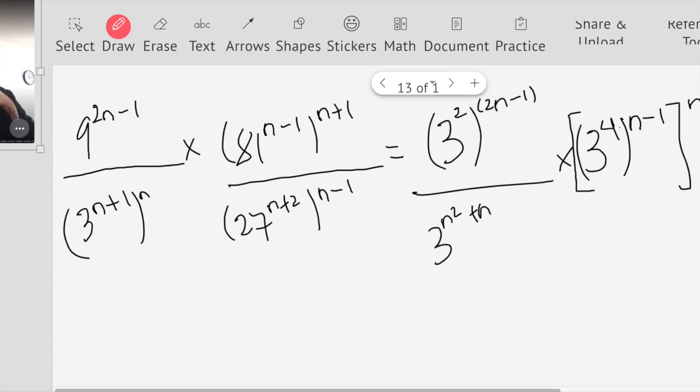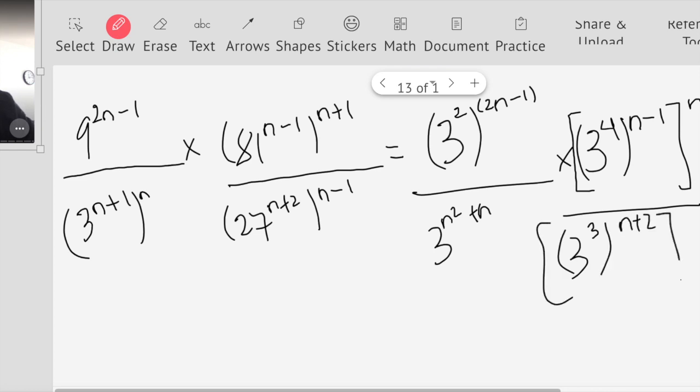I'm going to have to multiply all of this: 4 times n minus 1 times n plus 1. And then 27 is 3 to the third power. So we have this 3 times n plus 2 to the n minus 1.